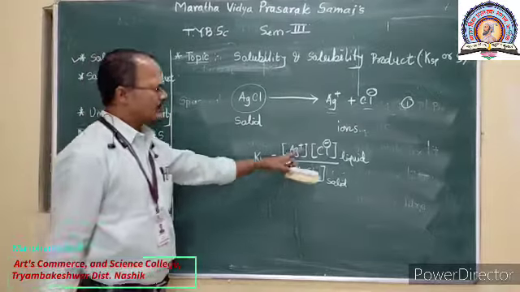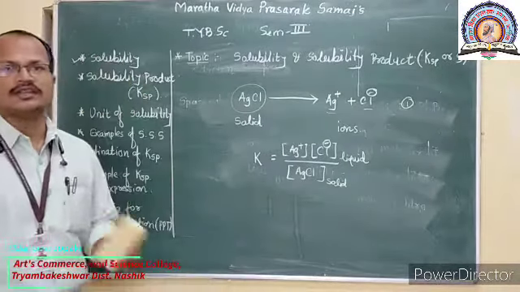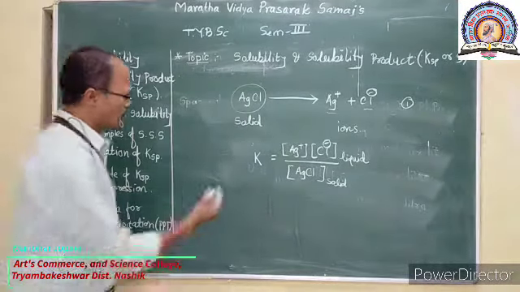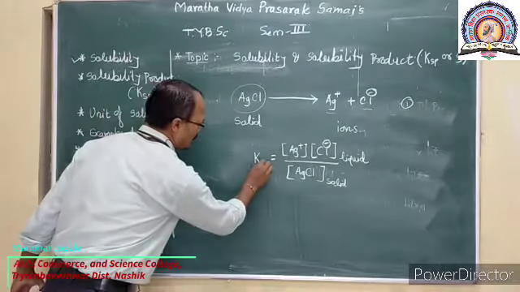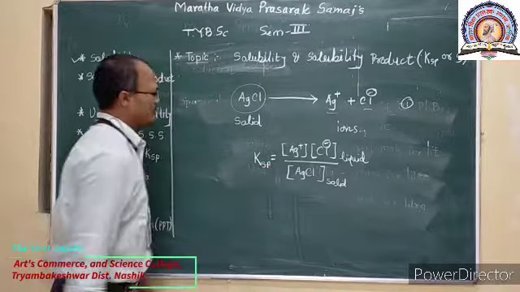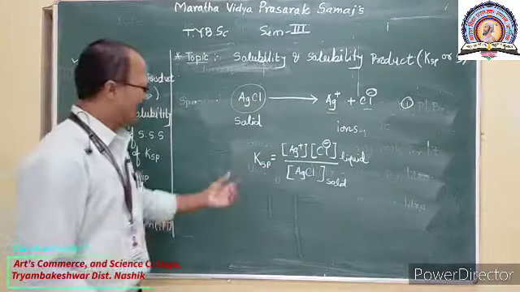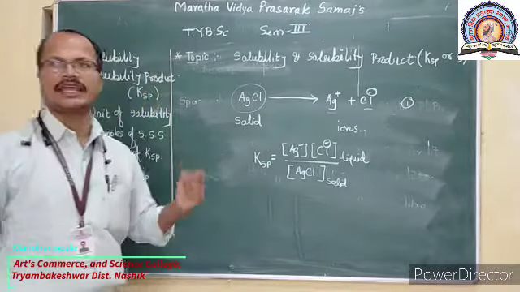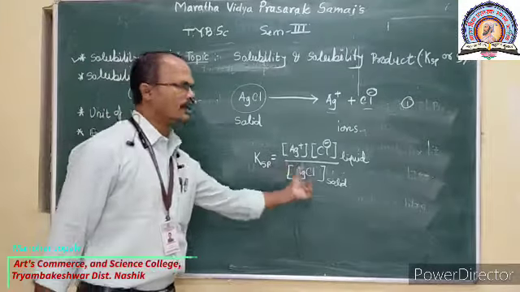But we know that silver chloride is a sparingly soluble salt, and so we can use the symbol KSP to express the equilibrium between the solid and liquid.